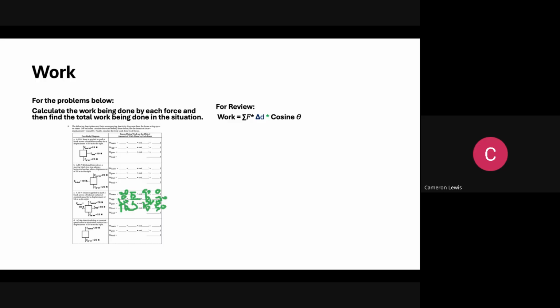But what's working to remove that energy or work against the system will be the force of friction, right? It's in the opposite direction, which means that it's slowing it down. So that work from the friction is actually removing from the system, right? So we make that work with friction negative, and then we make the applied force positive. So in the end we have 50 and minus 50, which gives us a total of 0. Does that make sense?